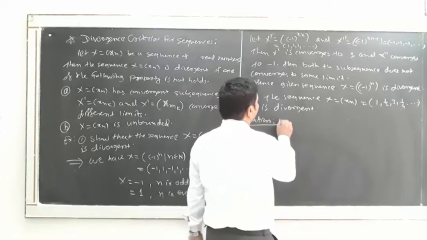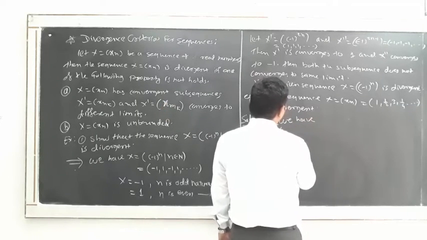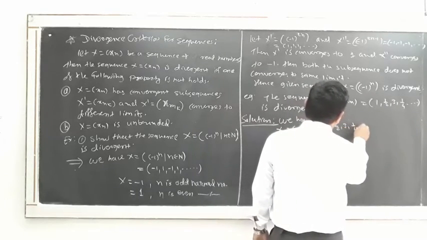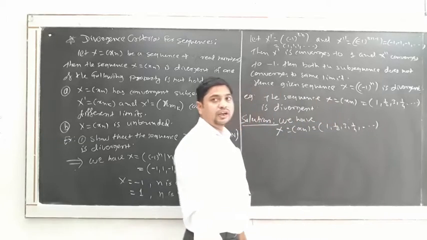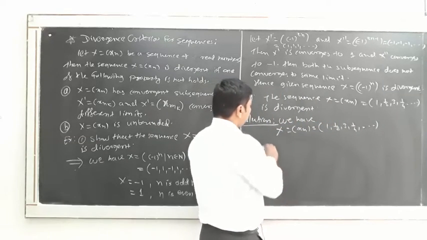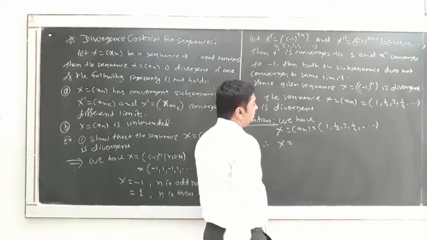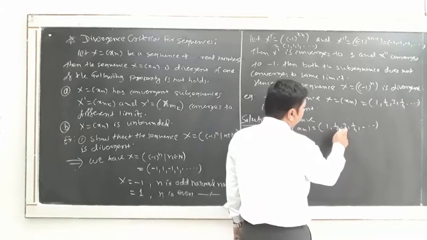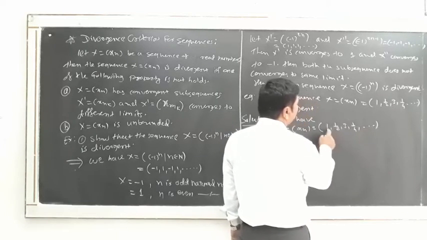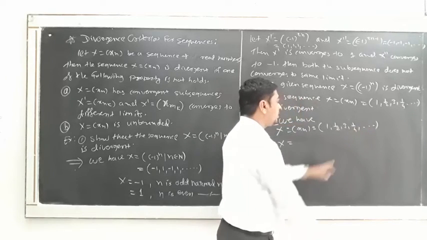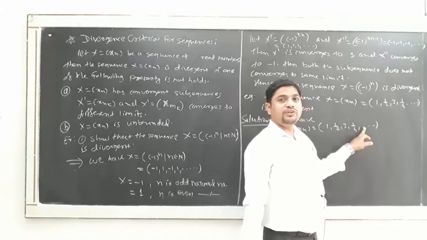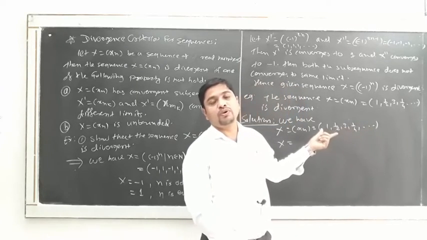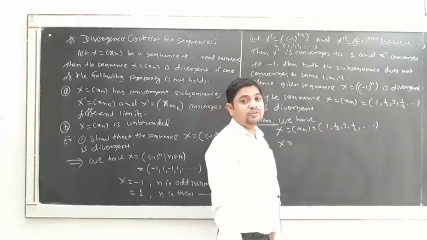So what we have, given that x is equal to (xn), it is equal to 1, 1 by 2, 3, 1 by 4, and so on. Okay, so what we have to prove now, therefore this sequence we can write in the form 1, 2, 3, 4, 5, where the even terms have reciprocals of even numbers and odd terms are as they are.